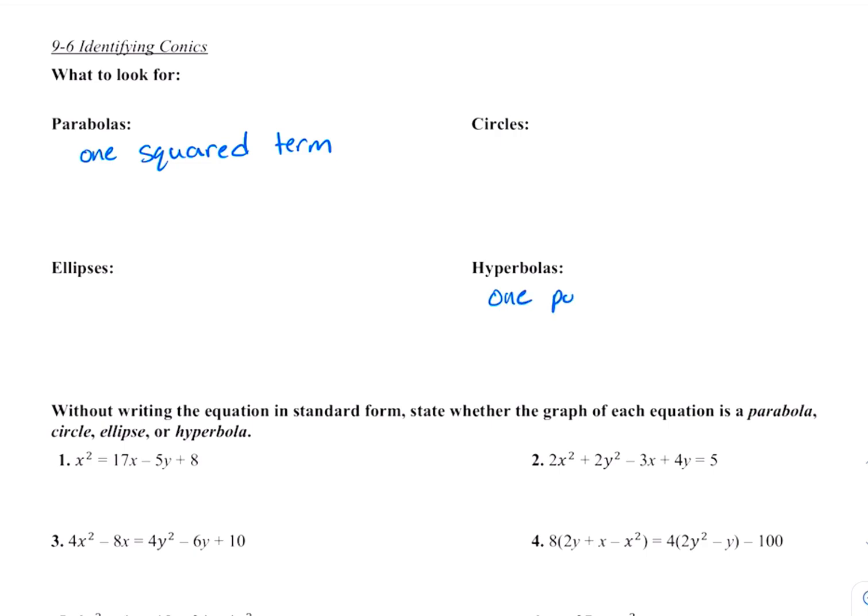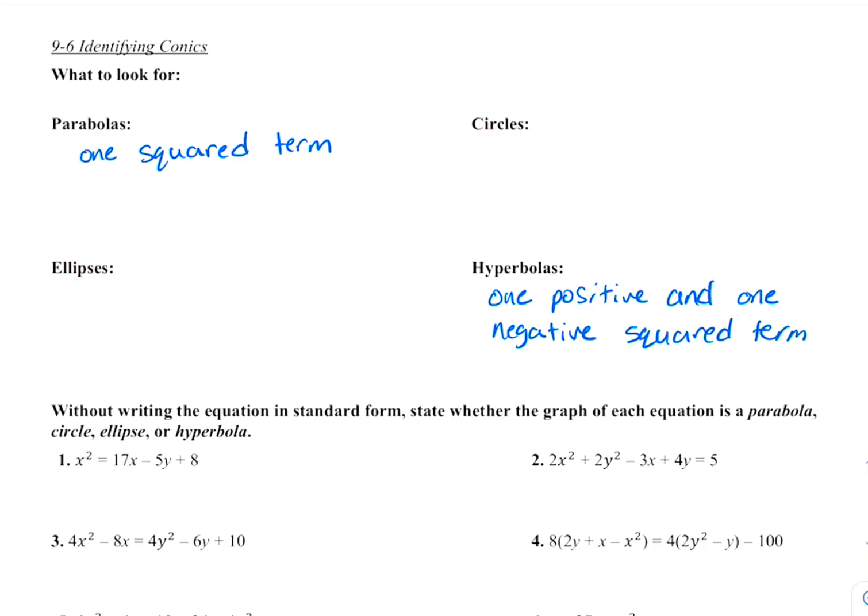So one positive and one negative squared term. Now, if we have two positive square terms, it could be a circle or an ellipse.